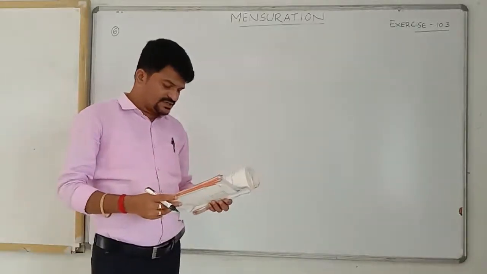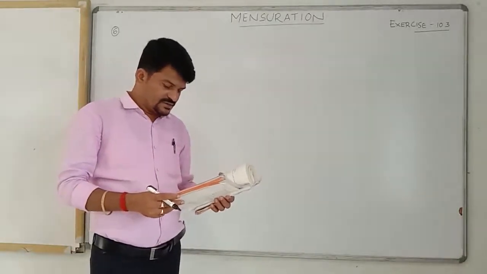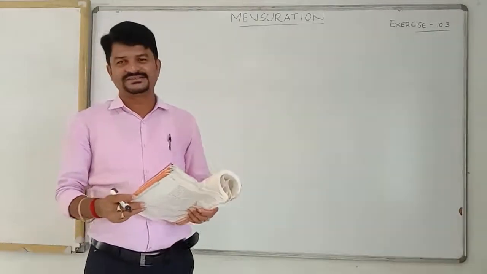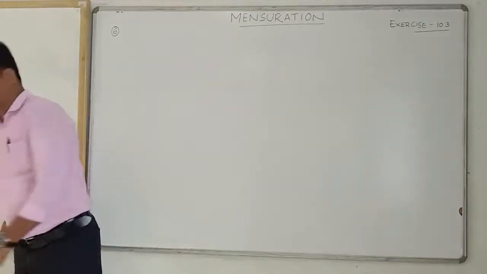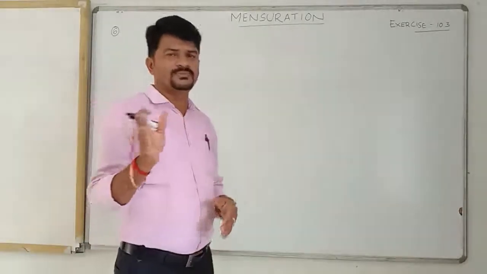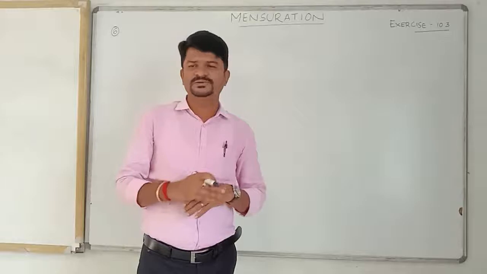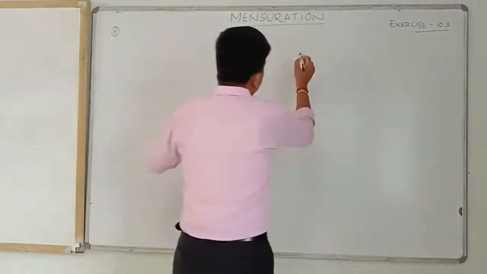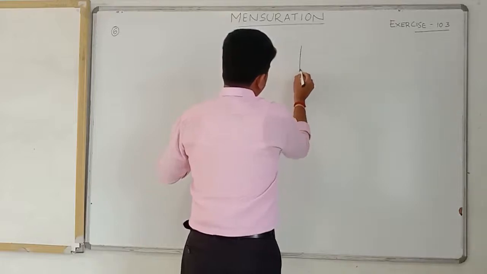A tabletop measures 2 meters by 1 meter 50 centimeters. What is the area in square meters? If you concentrate properly, or by using all the example problems, you can finish this exercise. But anyhow, what is given here for the tabletop?